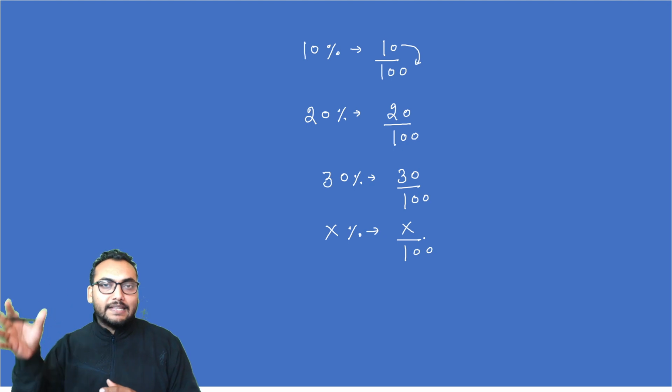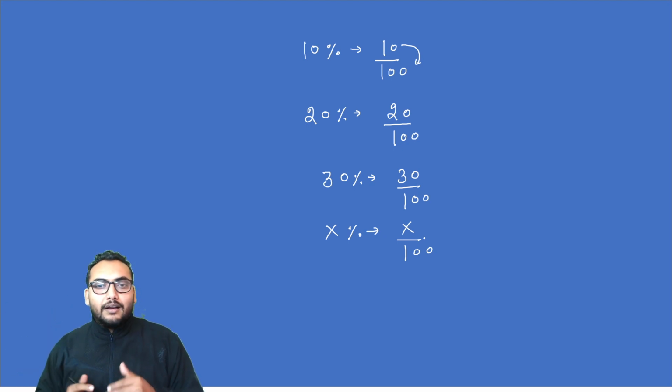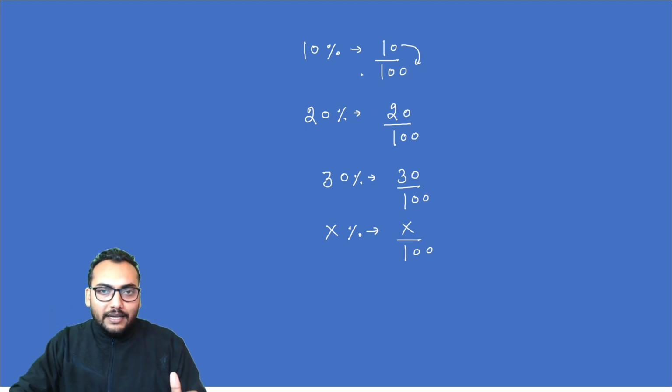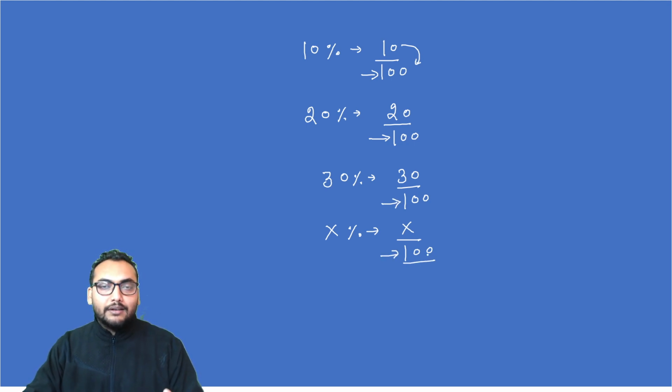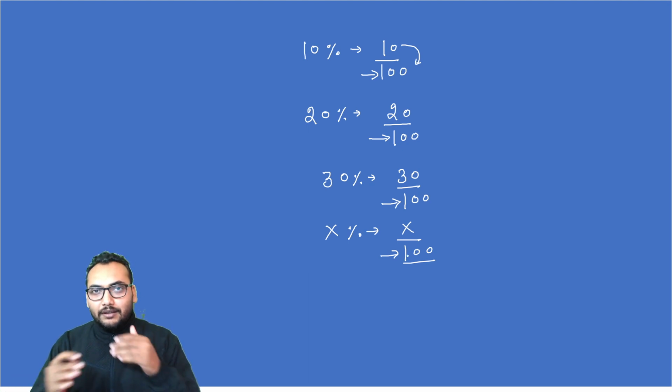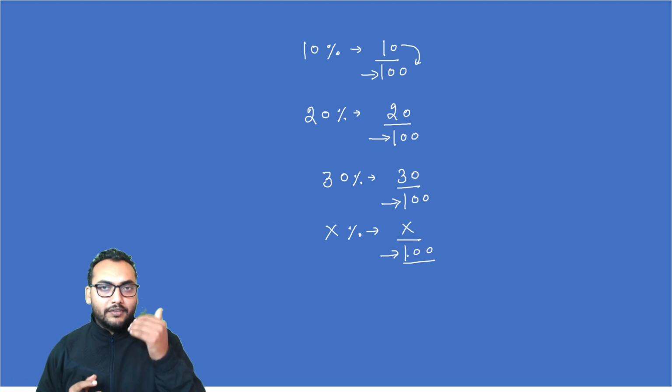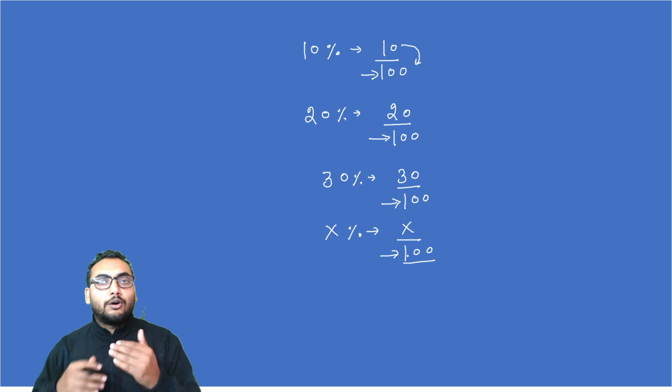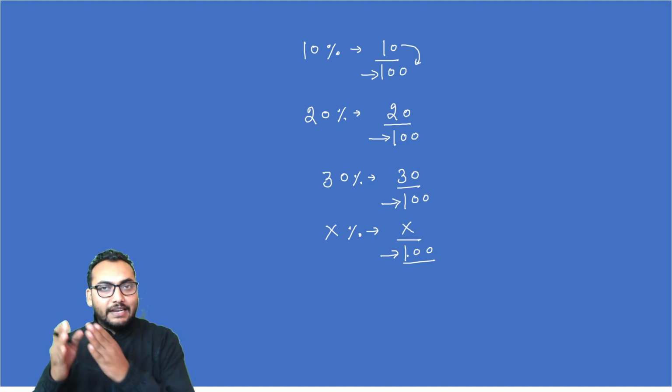And the other way that we can say it: I can see clearly here it is 100 in its denominator, here it is also 100 in its denominator, here also 100 in its denominator, and again we are getting 100 in the denominator. That means, in other words, we can say that a percentage is basically a fraction which will always have 100 in its denominator.